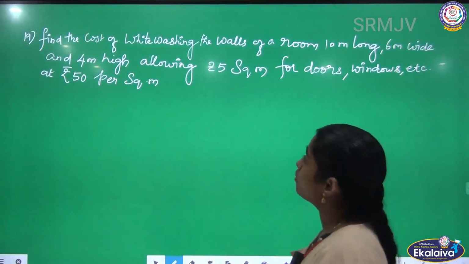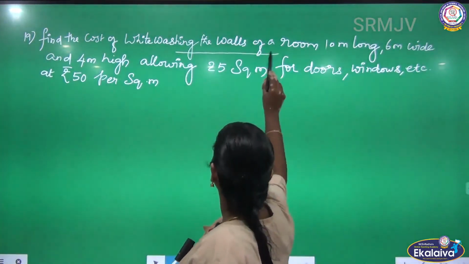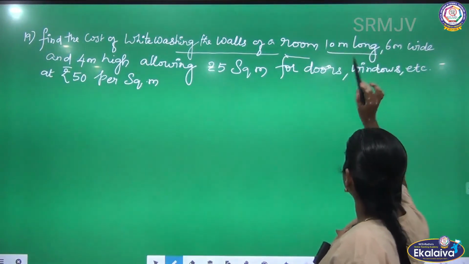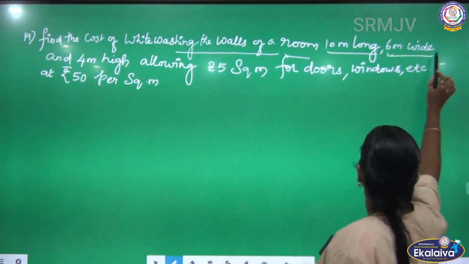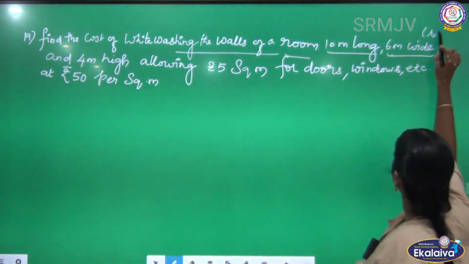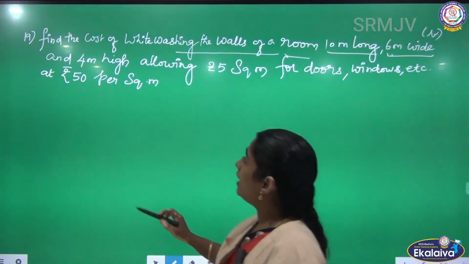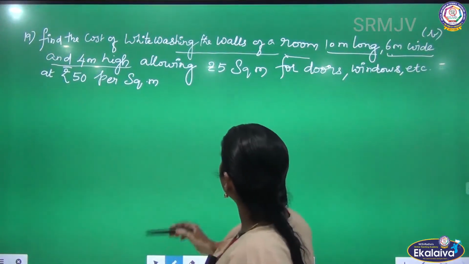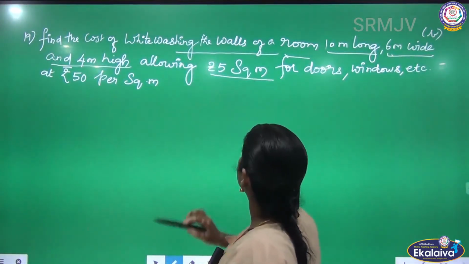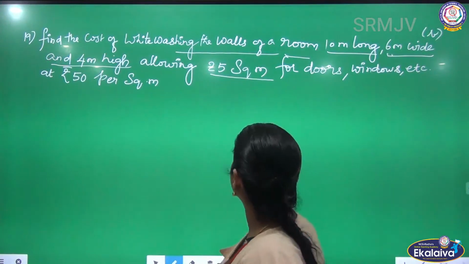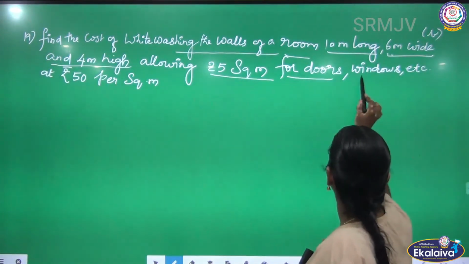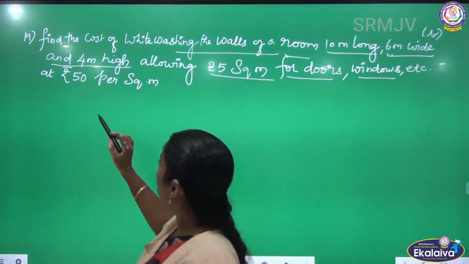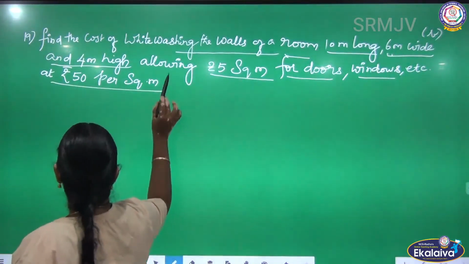Find the cost of whitewashing the walls of a room. They are given the 10 meter long, 6 meter wide. Wide means your breadth, okay, and 4 meter height, allowing 25 square meter for doors, windows, etc. at rupees 50 per square meter.